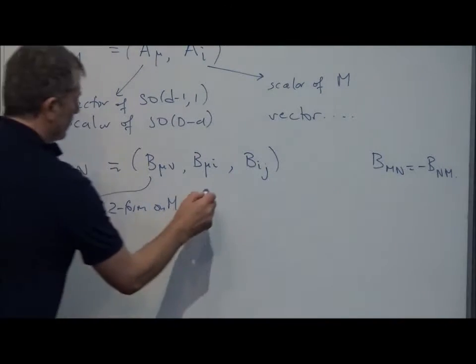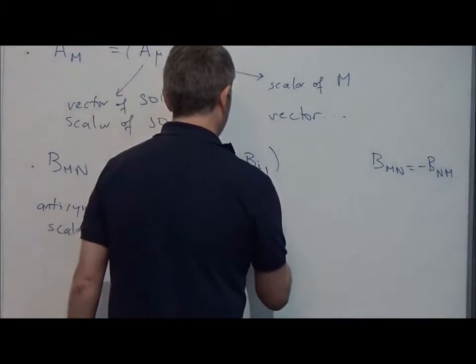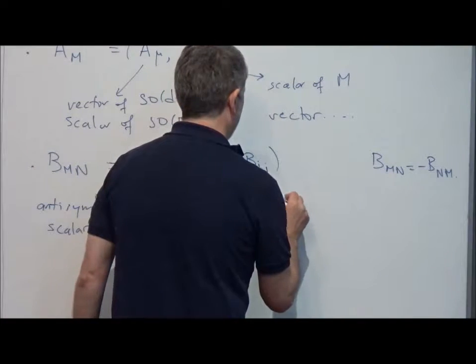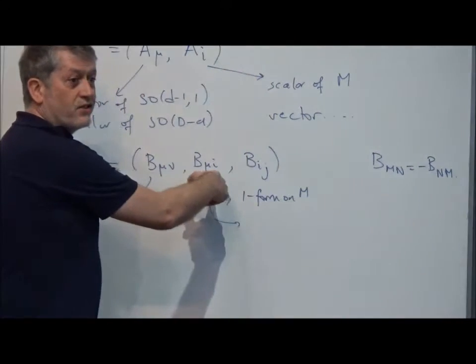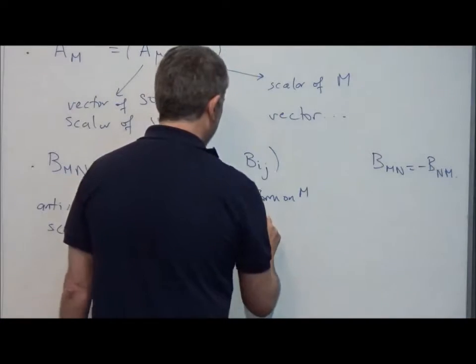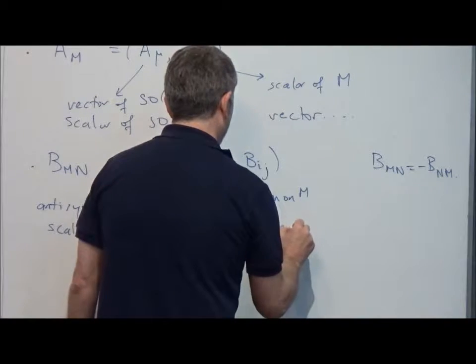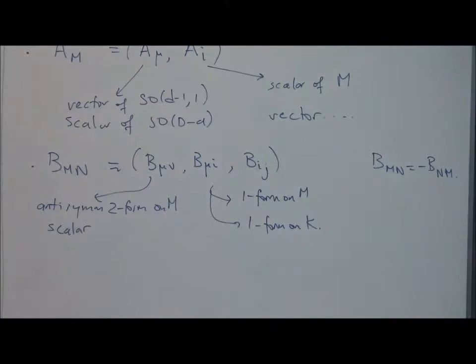How about this guy? As far as M is concerned, the I label doesn't mean anything. So this is a vector, say a 1-form on M, and simultaneously, as far as K is concerned, the μ label doesn't mean anything. So simultaneously, a 1-form on K.